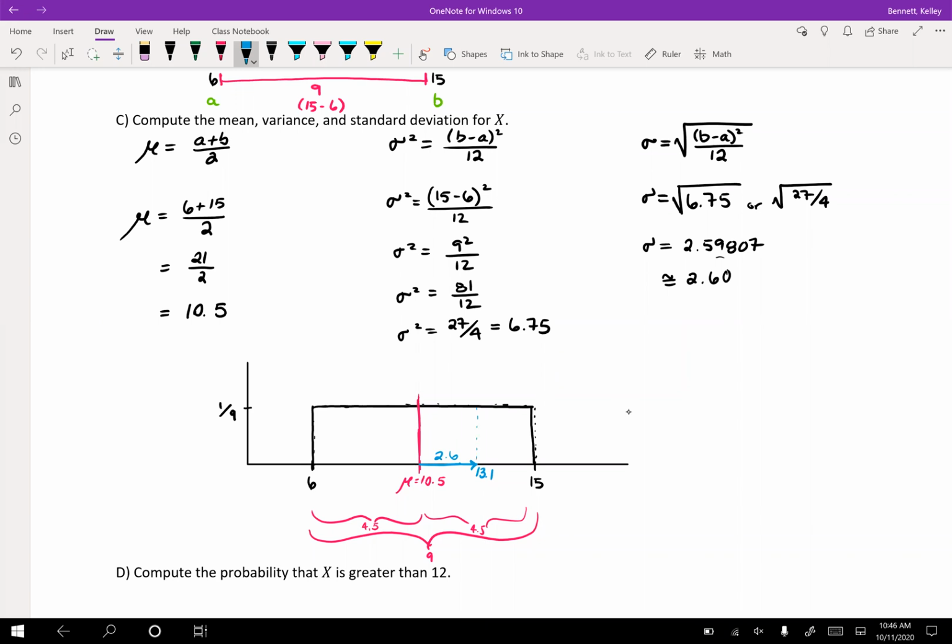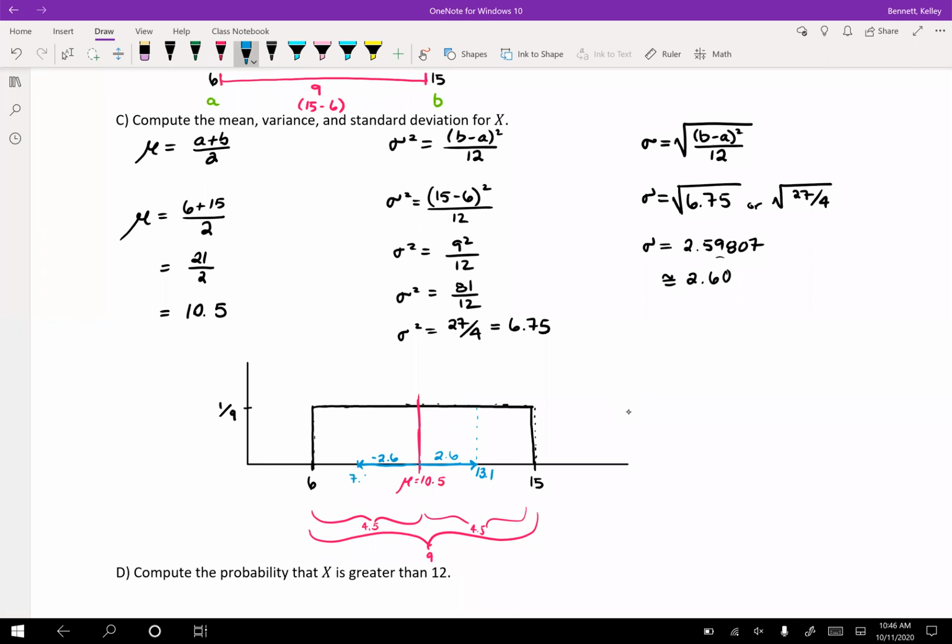And if I go one standard deviation below the mean, I'm going to go to the left 2.6. So I'm going to take 10.5 and subtract 2.6. And so that will put me at 7.9.